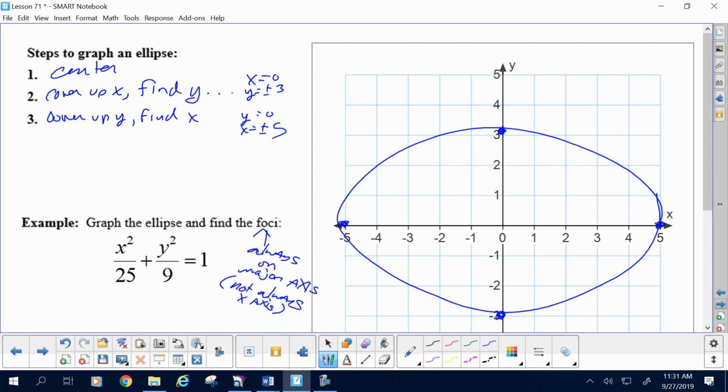For now, I'm just going to say it's somewhere here. I don't know that. And I'm going to draw the triangle. To find the foci, just put a dot on the major axis and draw a right triangle.